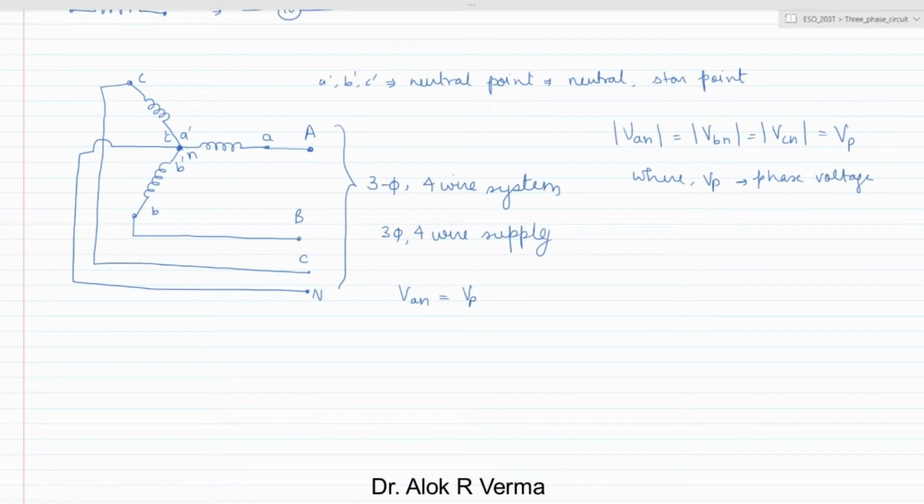When VP is the phase voltage, we represent VAN as a phasor quantity, VP angle of 0 degrees, or in rectangular or Cartesian form, VP times (1 plus j0).